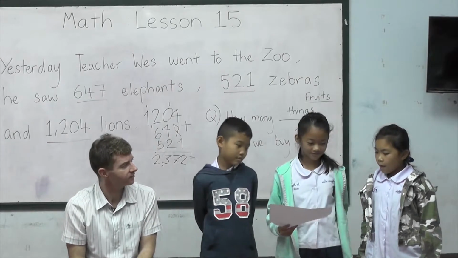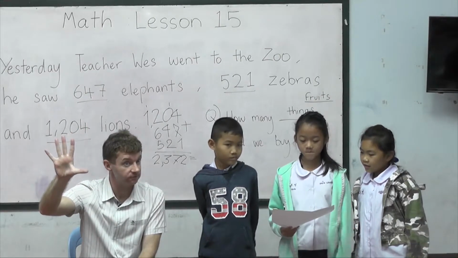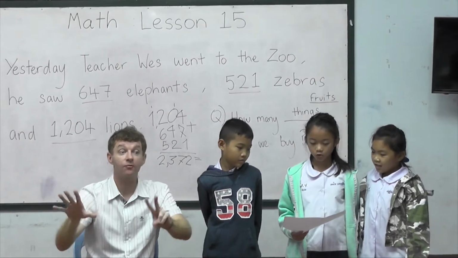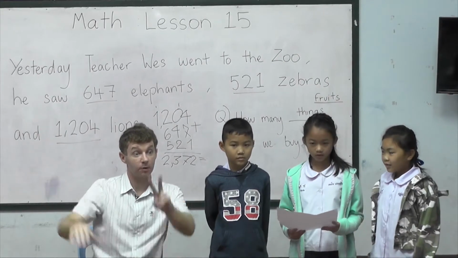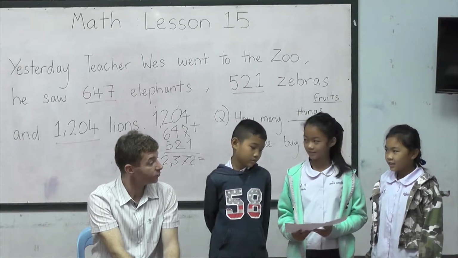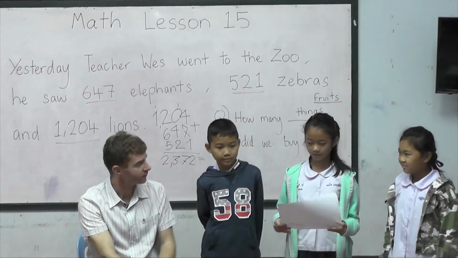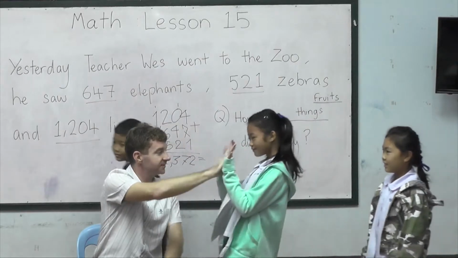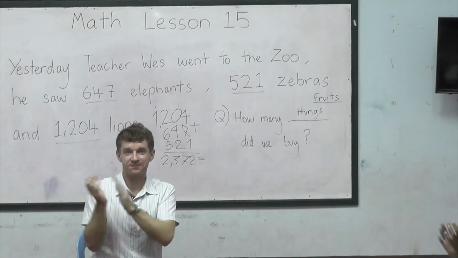So first, yesterday, how many did you eat? 5 apples. Today, 2 bananas. And tomorrow, 10 pineapples. So 5 plus 2 plus 10 equals? How many fruits did you eat? 17. Excellent. Very healthy to eat fruits. Very good. High five. Round of applause for our friends.